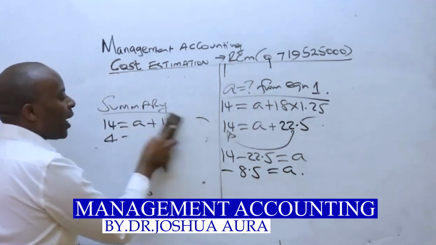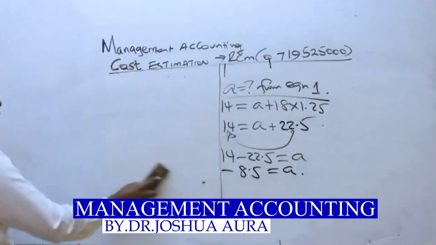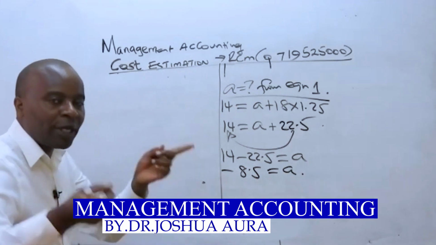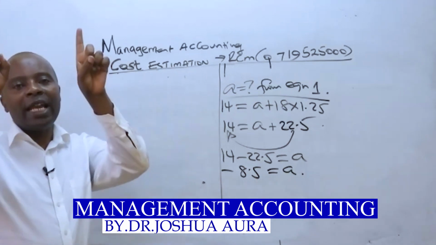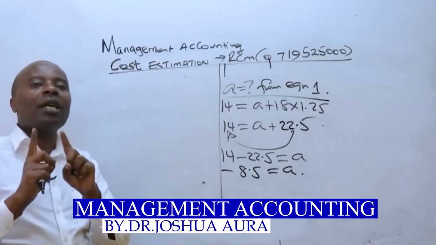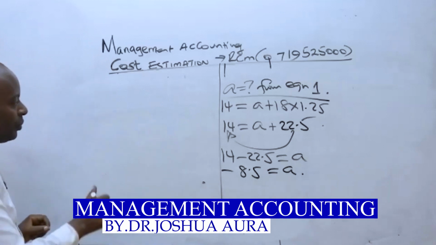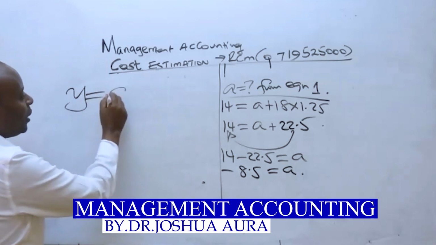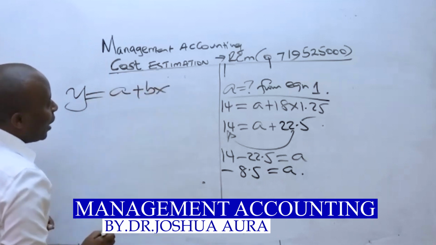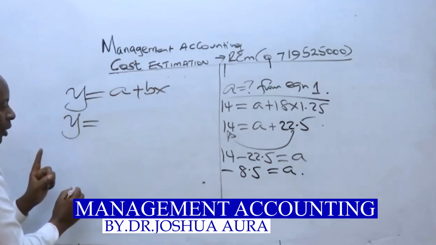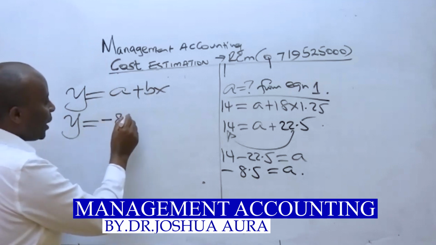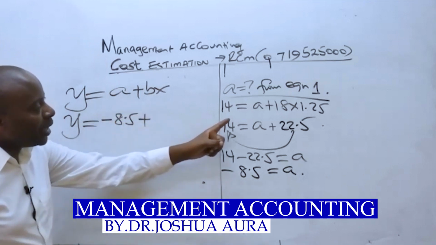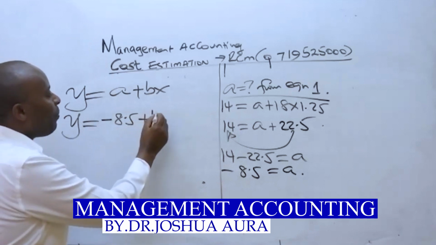So that is A and that is B. And the moment I do that, don't forget that the final thing will be culminating in an equation. So our equation looks like this: Y equals A plus BX. So my Y will be equal to A that I have as minus 8.5 plus B that I got a long time ago of 1.25.